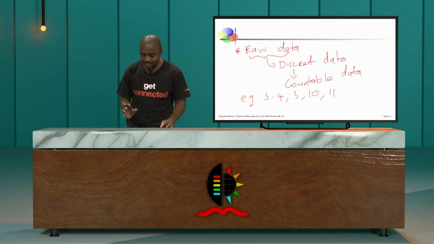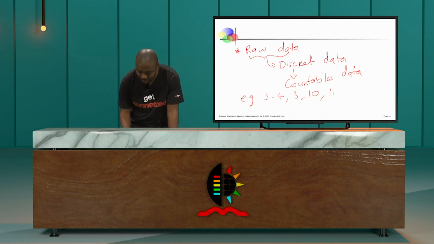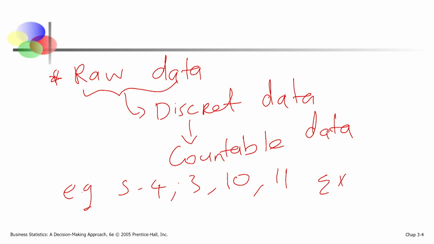Under discrete data, if you're being asked to calculate the mean, this is the formula you use, xi divided by n, right? This is the summation of every numerical value you have divided by the total number of them. Like for instance, in this case, you'll say 5 plus 4 plus 3 plus 10 plus 11 divided by 5.